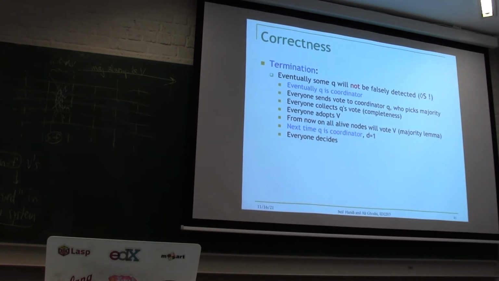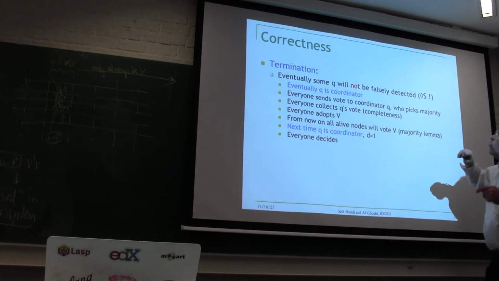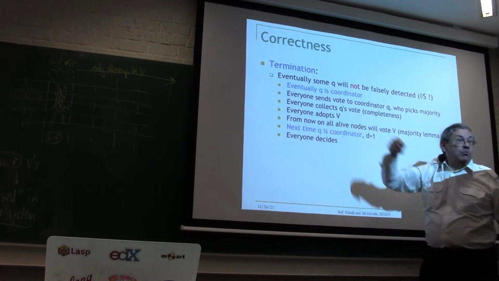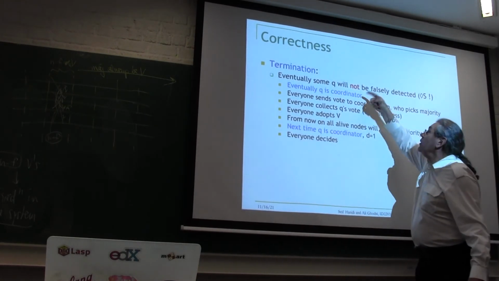It's rotating round and round and round, and eventually some node Q will not be falsely detected. No mistake. So we've arrived at the point where this node that everyone sees correctly is coordinator. Ta-da! We're arriving there. Might be very long, but we get there in this blue line.